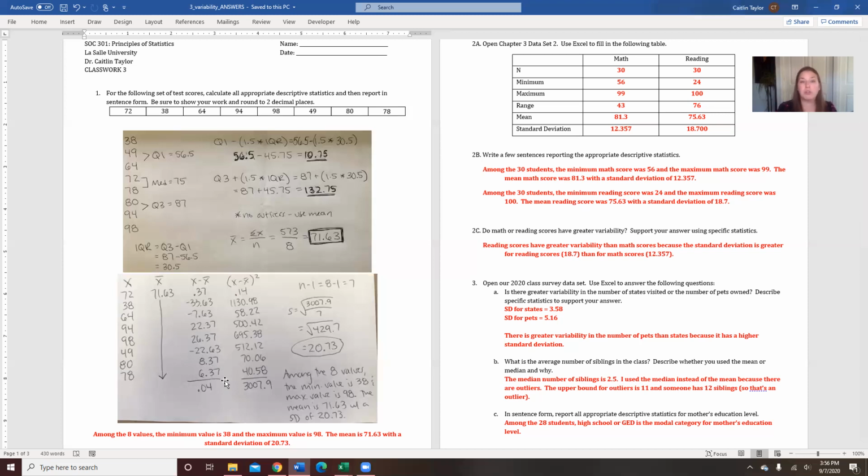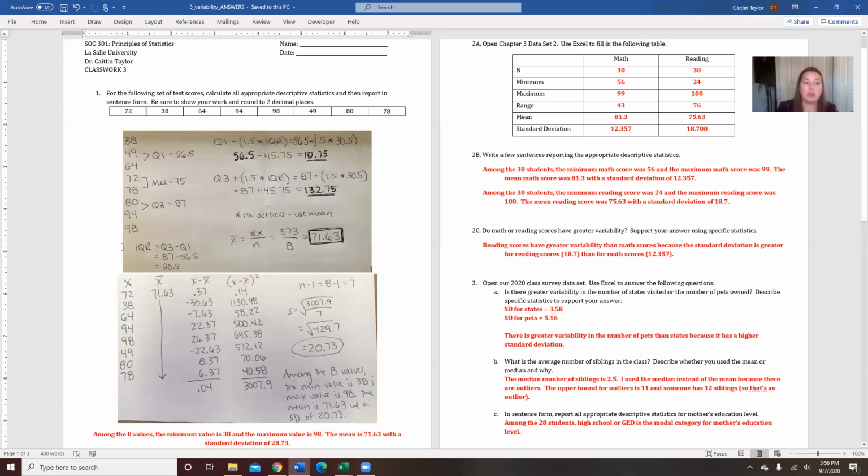Column 3, when you're including the negatives, should come out to close to 0, right? If you're rounding to 2 decimal places and there's some rounding involved, it's probably not going to be exactly 0. Like here, this comes out to 0.04. If you got something like 4.5, that's a red flag that you had an arithmetic error somewhere. So column 3 should always total to something close to 0.